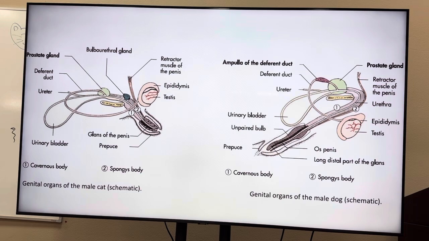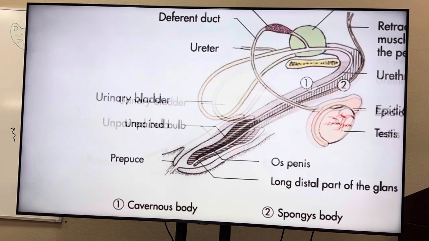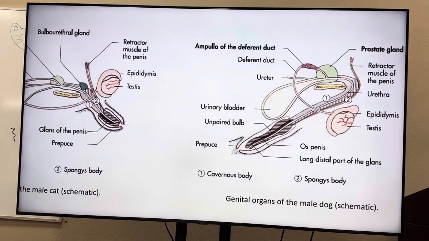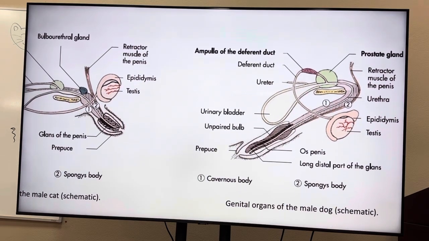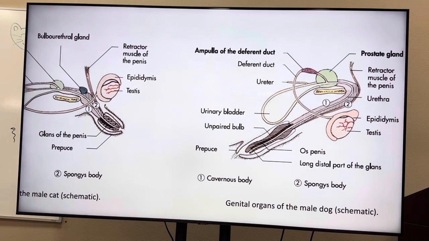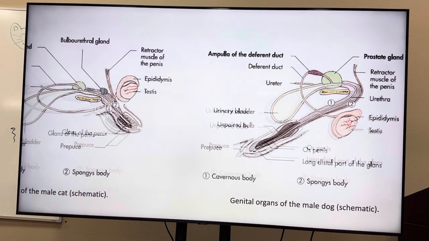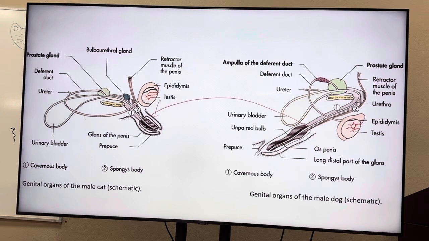So this is what we refer to as the glans penis, the cavernous body and the spongy body. The spongy body has a lot of trabecular spaces within it. This is found ventral, and the cavernous body, which is more muscular, is found dorsal in the dog, and you can see that is somewhat reversed in the case of the cat.